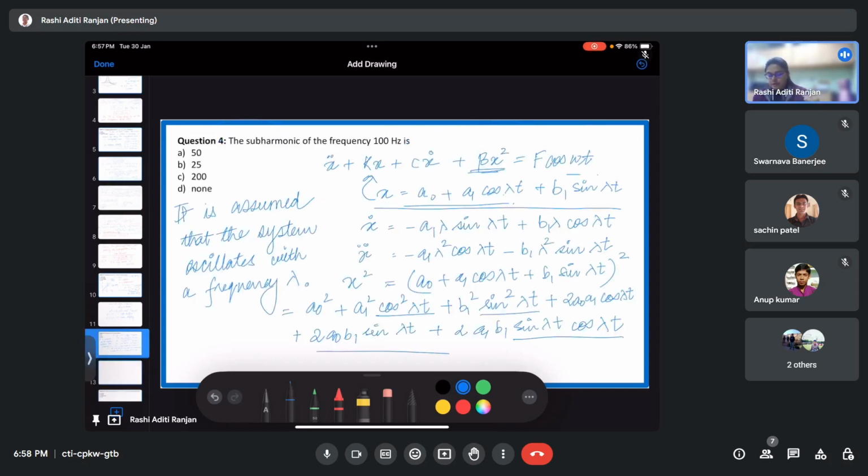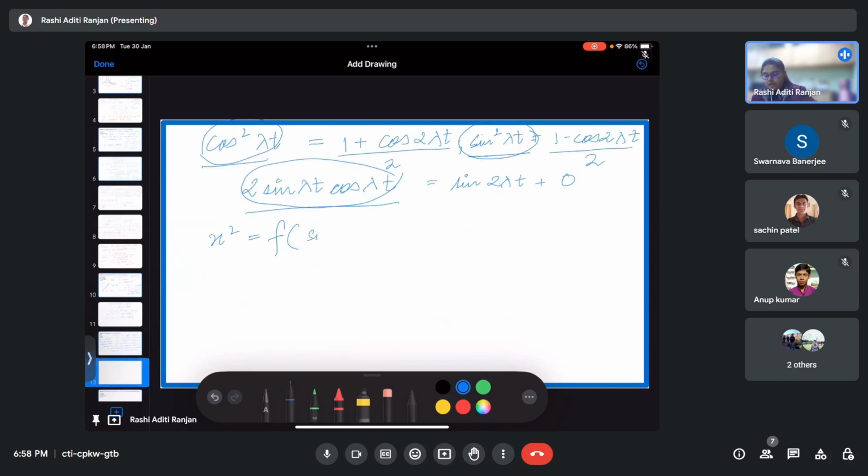So what are the changing values in it, apart from time? I want to write it in terms of cos and sine. It will have sine of lambda t, cos of lambda t, sine of twice of lambda t, and cos of twice of lambda t.